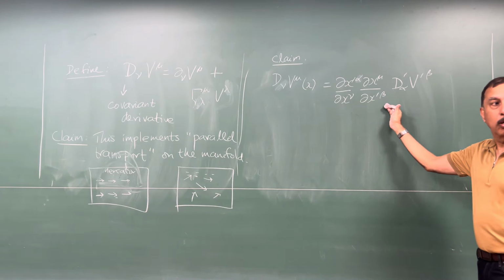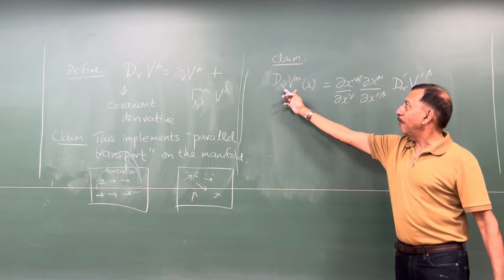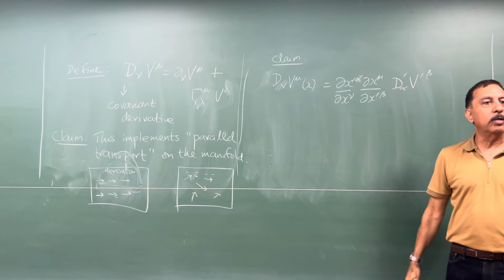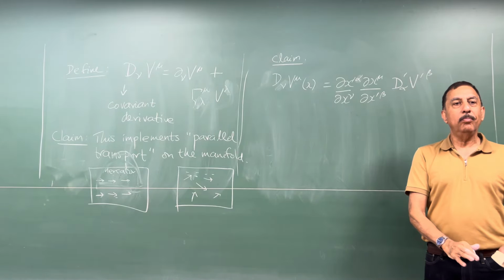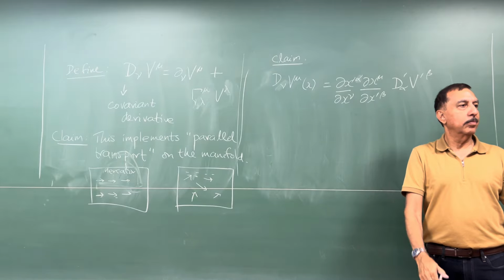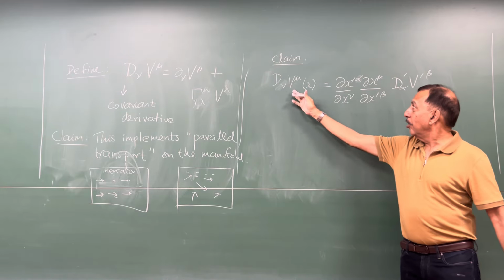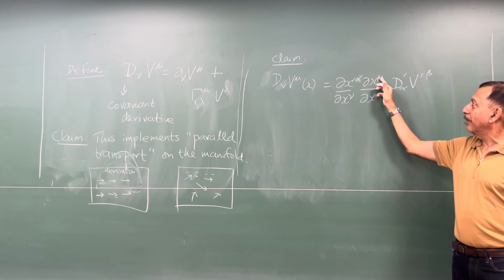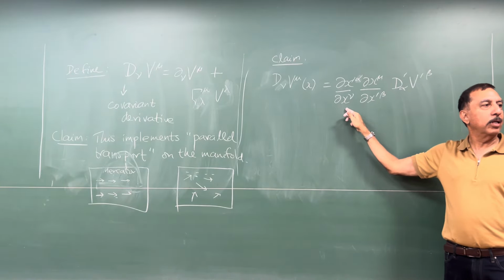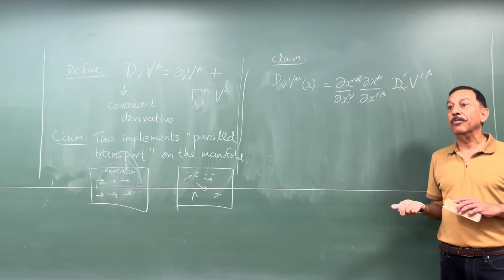Therefore, this is true. Therefore, an equation of physics which says D_nu of v^mu equals 0, if true in one frame, is true in all frames. You can see it from this. If this is 0, you shouldn't worry that this might be 0, because these are all invertible matrices, because the change of coordinates allowed has to be invertible.